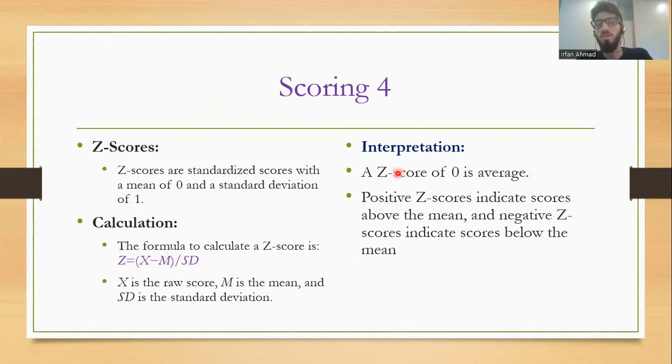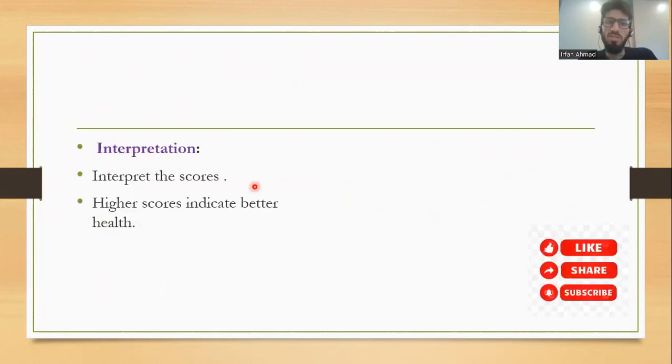Here the Z-score of 0 is average. If the patient has a positive value, above 0, it means they have above average quality of life. And if they have a negative value, below 0, it indicates below the mean, below average quality of life.